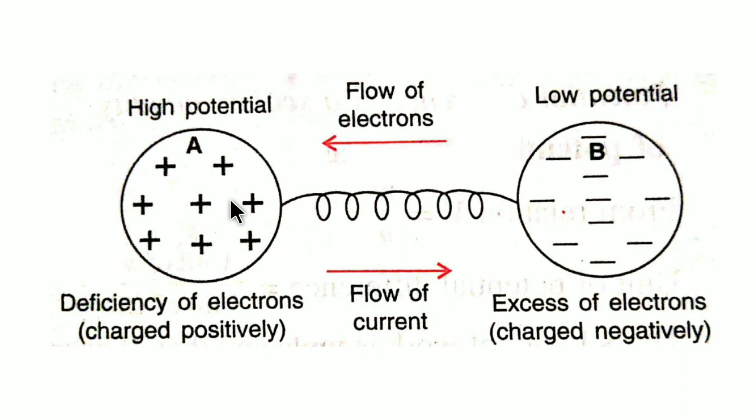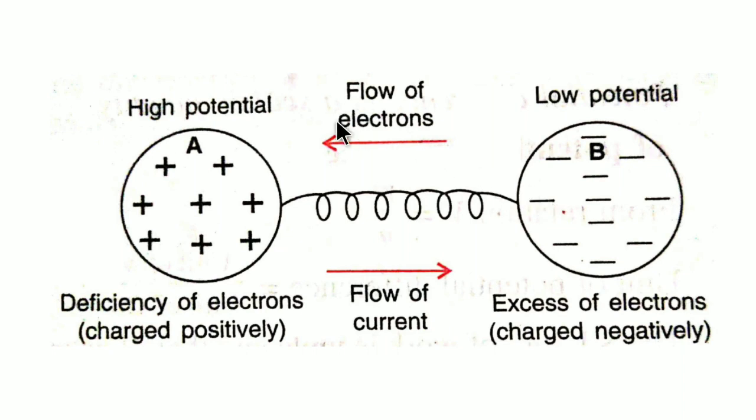But the three examples shown just before show that always the flow is from the higher potential to lower potential. So it has been conventionally understood that the flow of current is to be taken from the higher potential to lower potential.